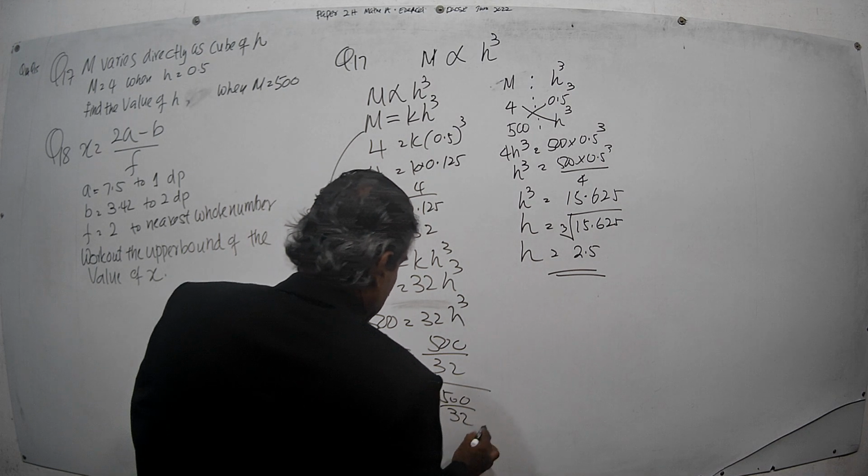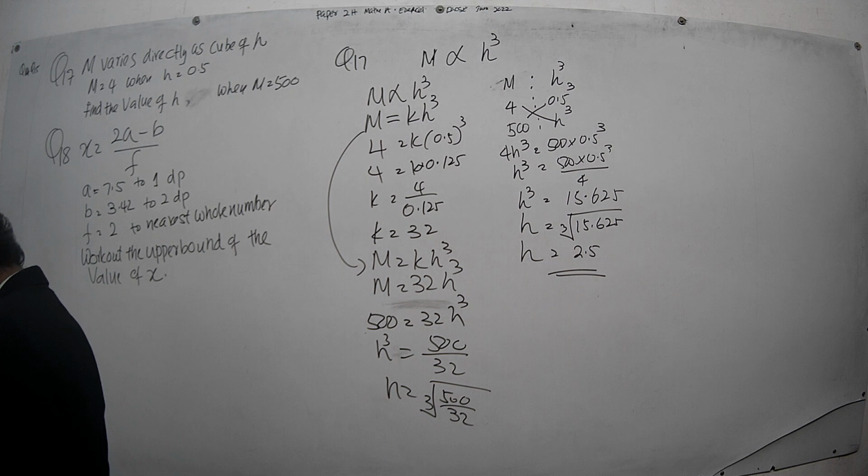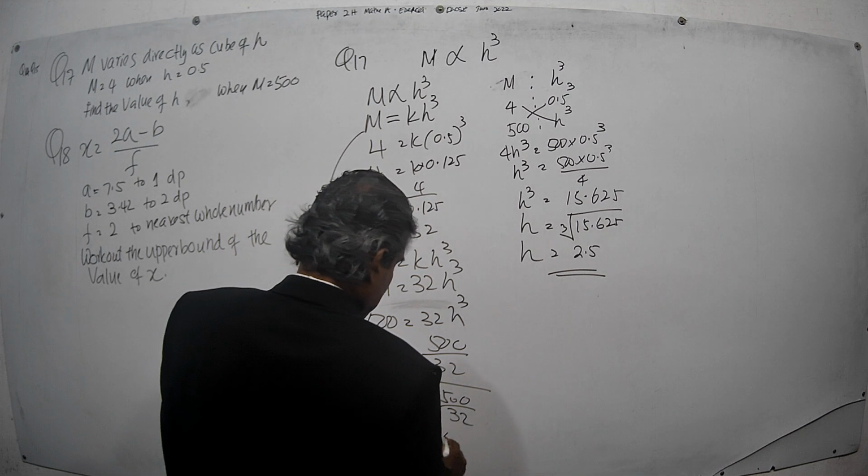Then h equals cube root of 500 over 32, which is again 2.5. H equals 2.5.